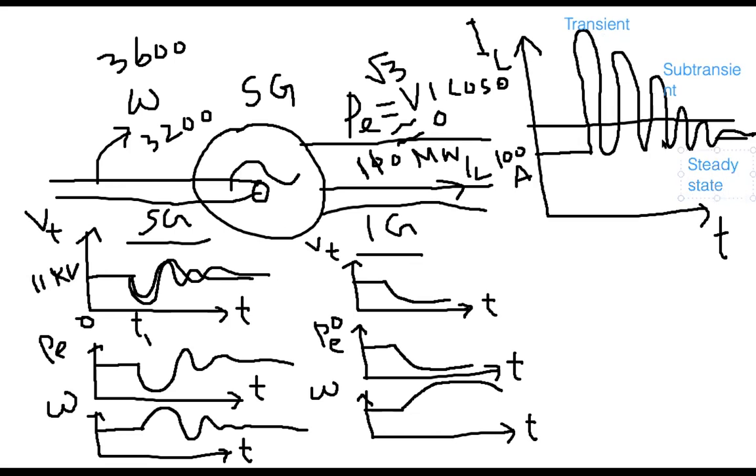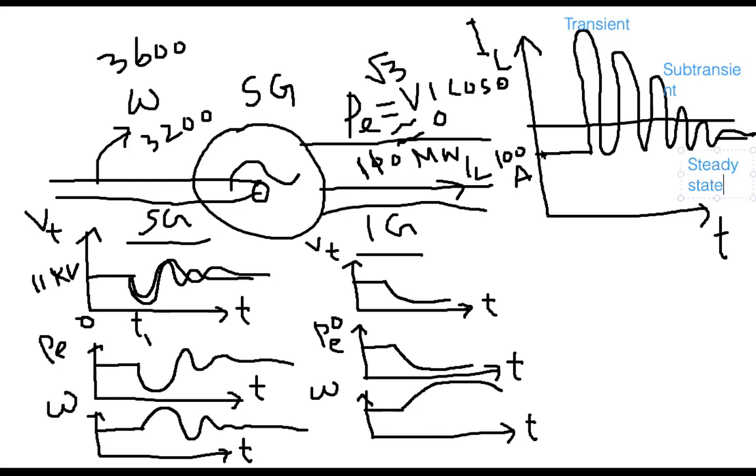Therefore, three situations: steady state level, that is the safest, because it is near the original level. And then subtransient, which is still dangerous for the connected load because the current value is too high.